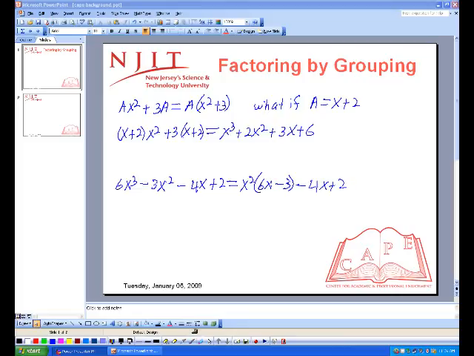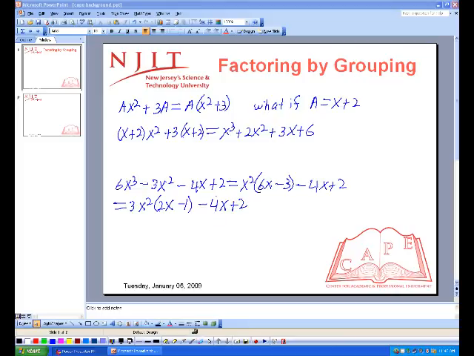From here, let's factor out the 3 from 6x minus 3. So this leads to 3x squared times (2x minus 1) minus 4x plus 2.